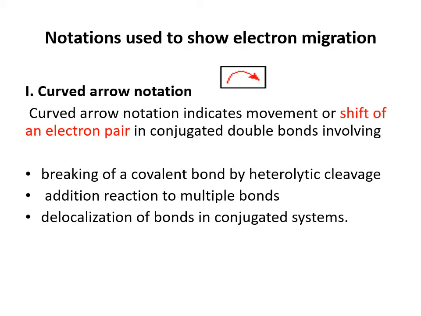Notations used to show electron migration. 1. Curved arrow notation. Curved arrow notation indicates movement or shift of a pair of electrons.